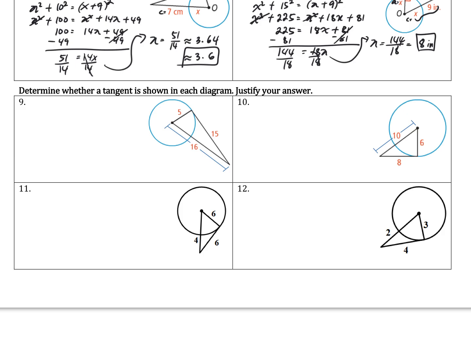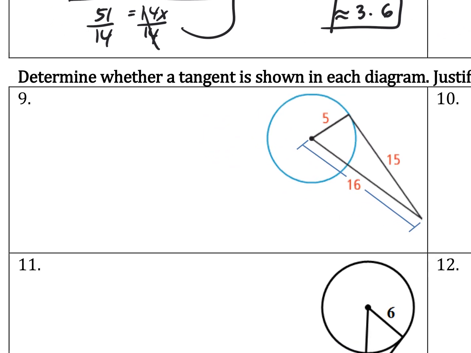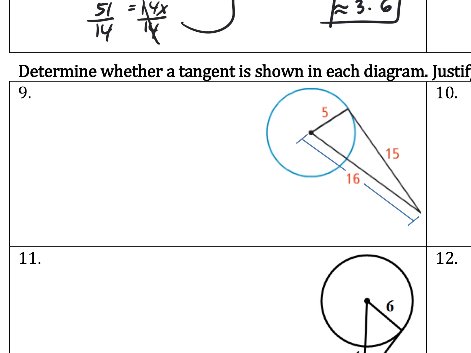Determine whether a tangent is shown in each diagram. Justify your answer. Number 9. So the best way to prove whether this is tangent or not is using our Pythagorean theorem. A squared plus b squared is equal to c squared.